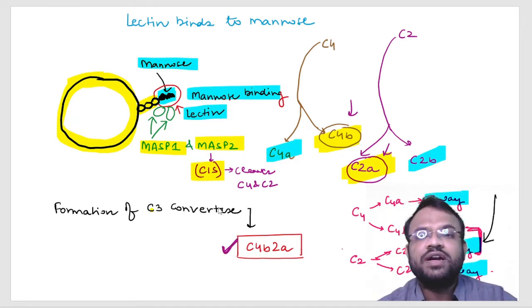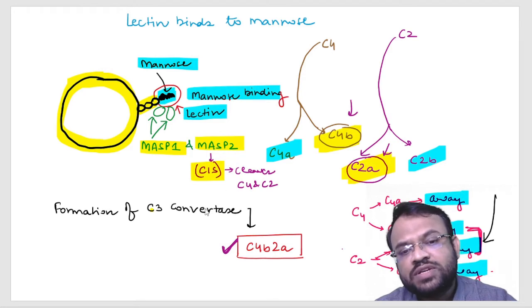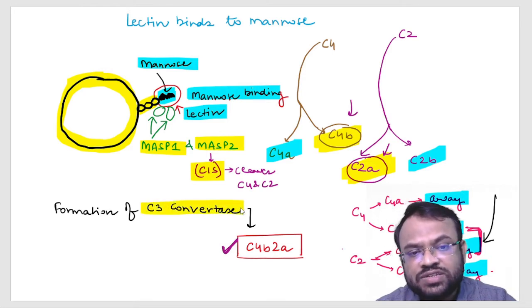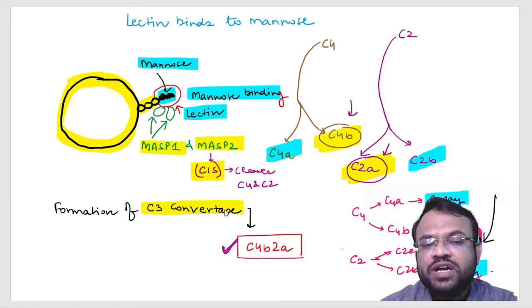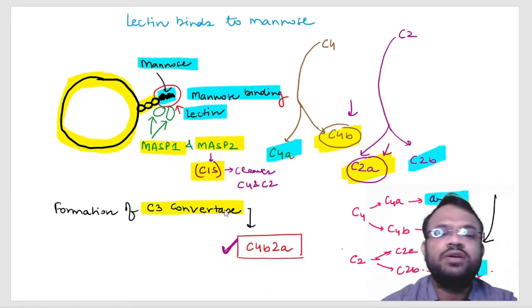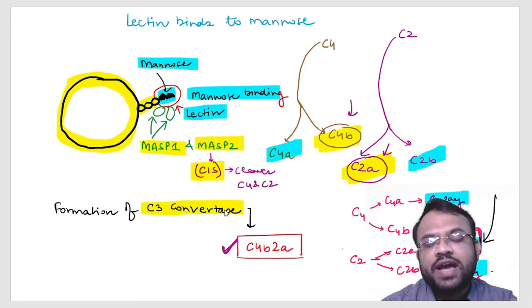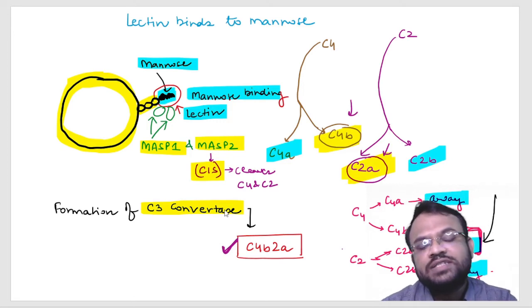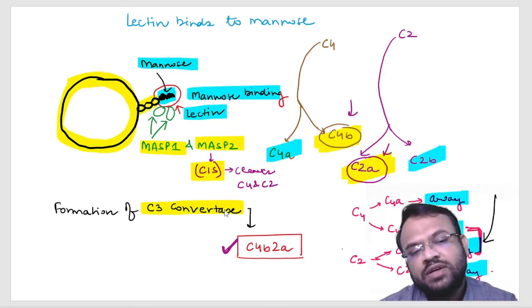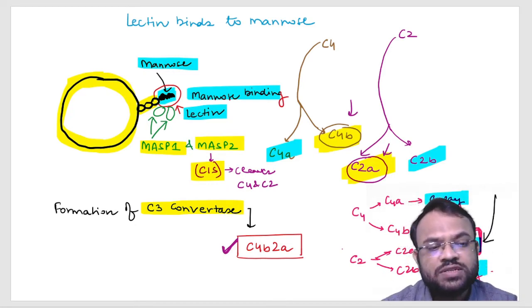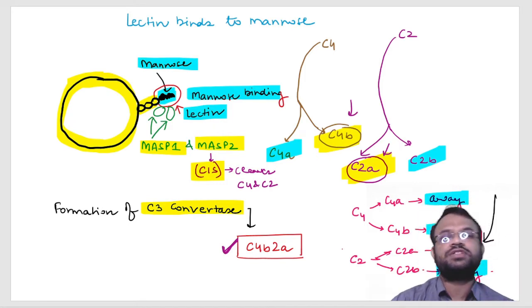We have already talked about this, that this is called C3 convertase. Why is it called C3 convertase? Because it will act on C3 and break it into two parts, C3a and C3b. That is why it is called C3 convertase. I believe you would have understood this clearly.